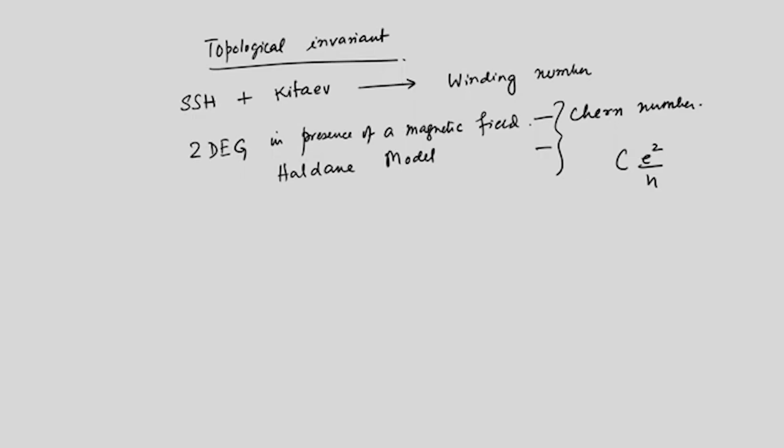Okay. Now, there is something more to this. I mean, there are Z invariants, or there are Z2 invariants. Okay. The Chern number is a Z invariant. What it means is that it can take values like 0, 1, 2, 3, 4, etc. And so, that is an integer classification.